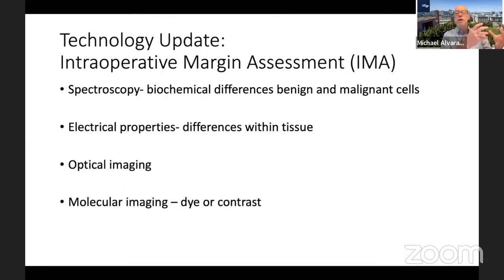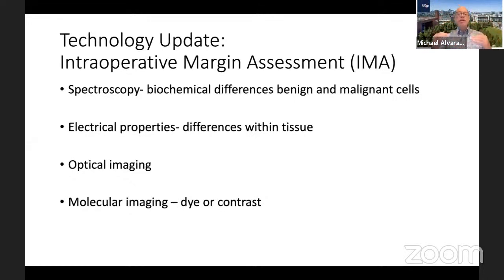What's your positive margin rate? Margins are such a big topic, and there's so much effort that there is a lot of research and money going into intraoperative margin assessment. We're talking about significant money, technology that is going way beyond what I think we need to do.